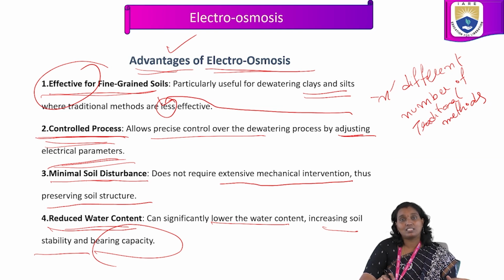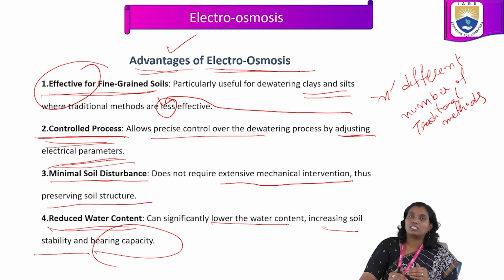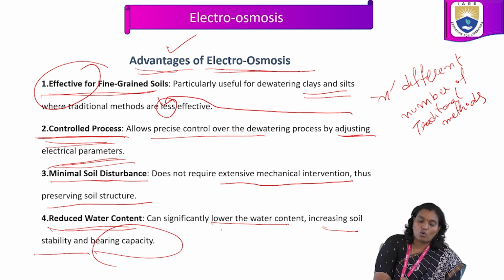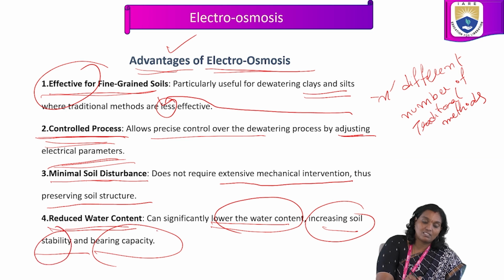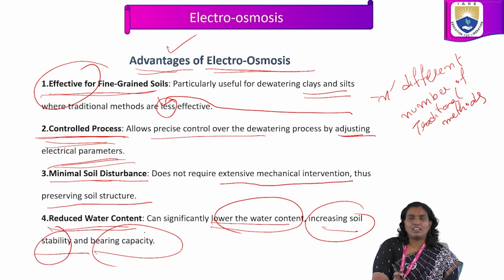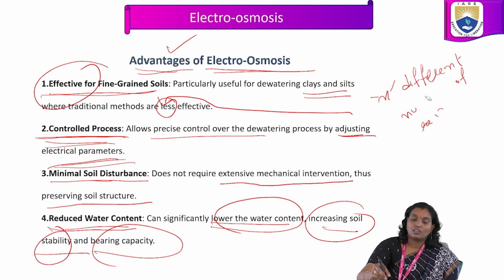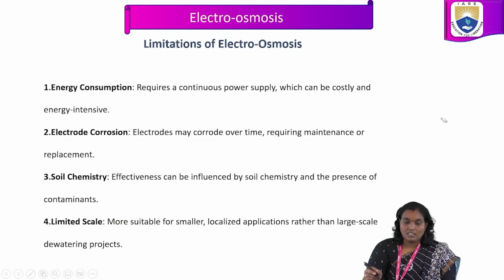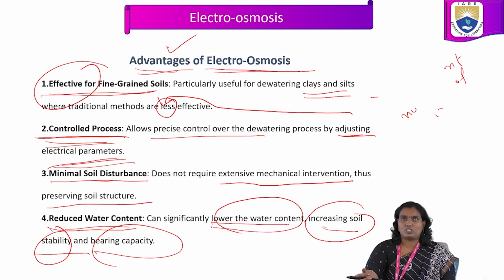We are going to understand some underground constructed elements; it is very helpful. So significantly lower water content increases the soil stability as well as the soil bearing capacity. So these are all the advantages of electro osmosis.